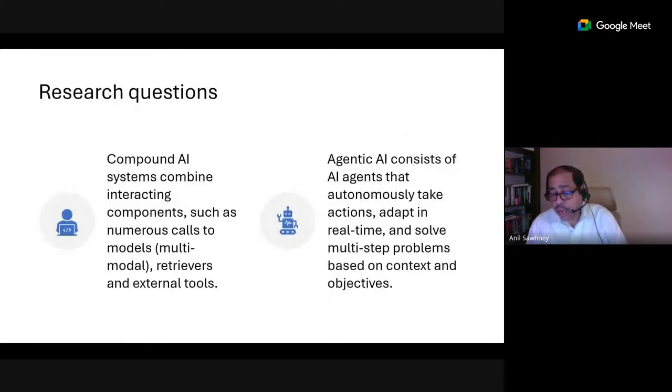So what's happening now is people are working on something called compound AI, which is multimodal. So it can use sound, video, images, text, and that's called multimodal.